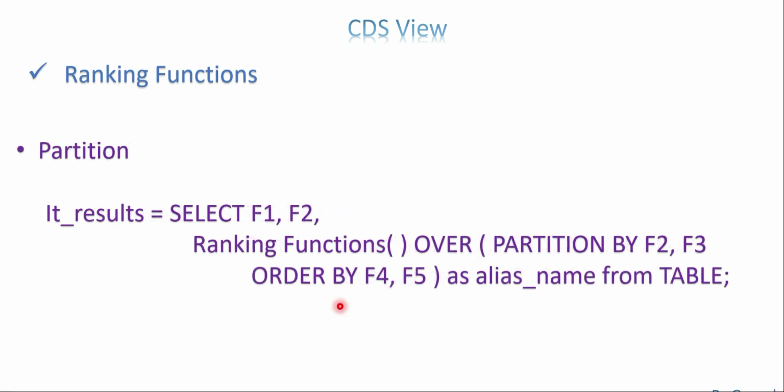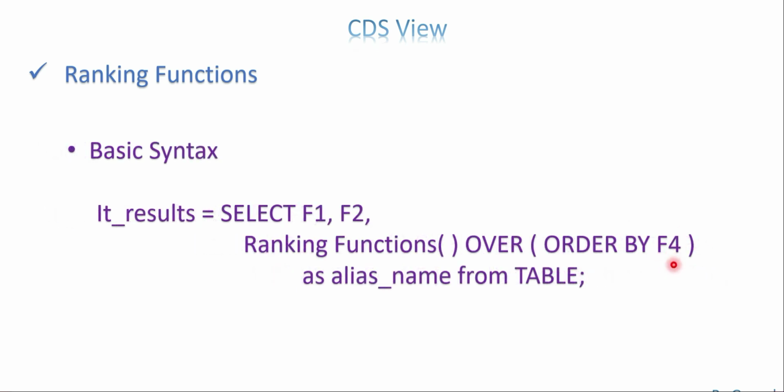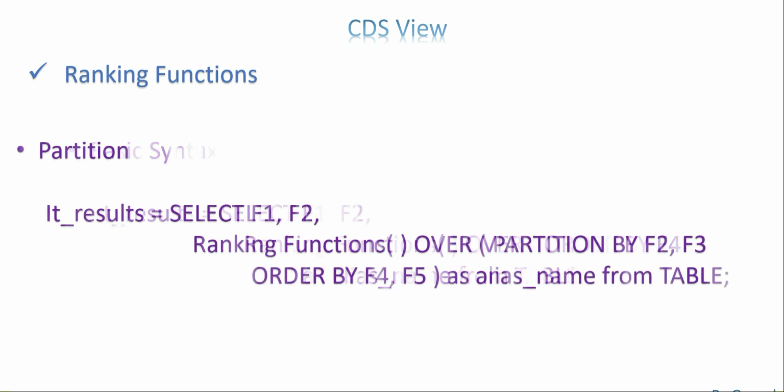Then another one is PARTITION. Here ORDER BY is just one field, but apart from that I want to segregate further. Say I have 10 records and I want to divide them into 2 groups. In that case you use one more keyword called PARTITION. This is optional, depending on your requirements.